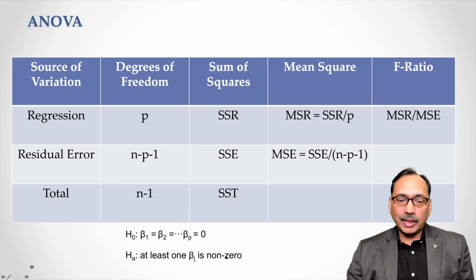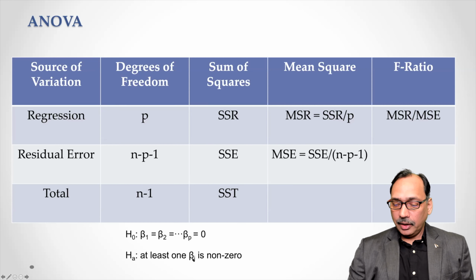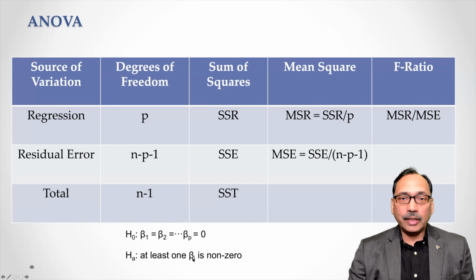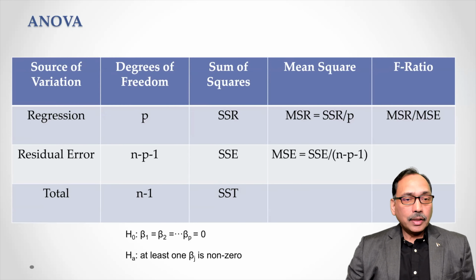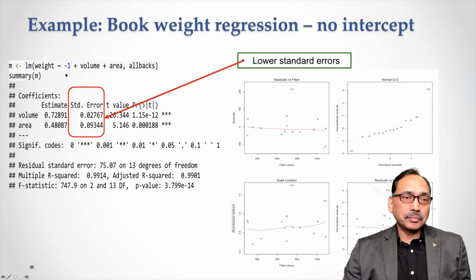So you can get that answer very quickly, whether there is anything worthwhile or not, when you are dealing with a lot of independent variables. That's what you get from the F value.